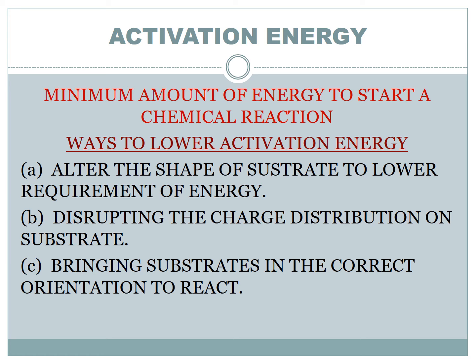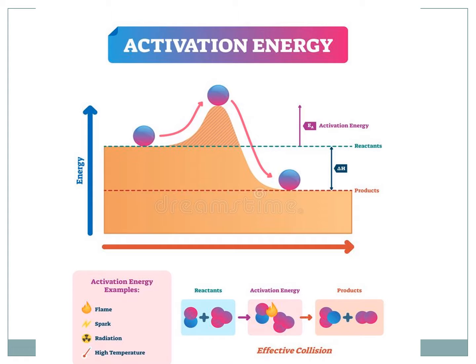Now, what is activation energy? We can show through a diagram that activation energy is lowered by the action of enzymes. When we have a substrate without an enzyme, it will be broken down over a very long time.